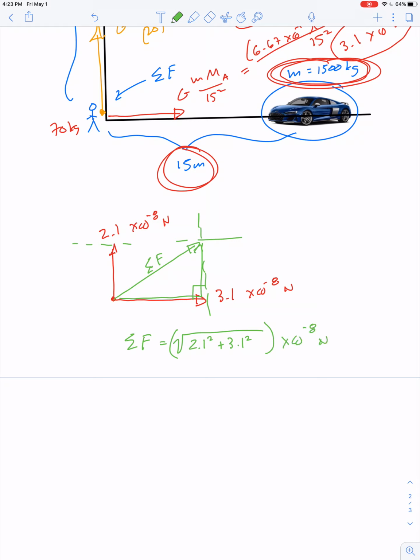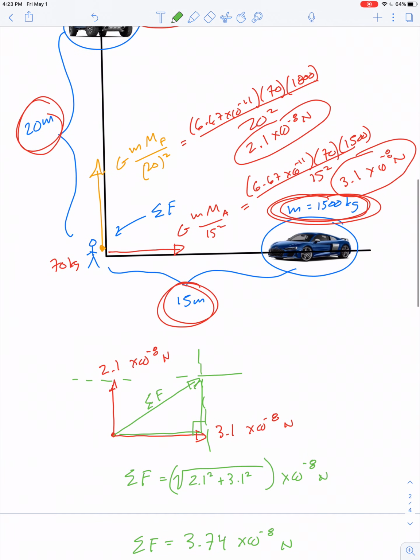Last step on your calculator then. Okay, and hopefully you get the same final answer as me. The net force you would experience would be 3.74 times 10 to the negative 8th newtons.